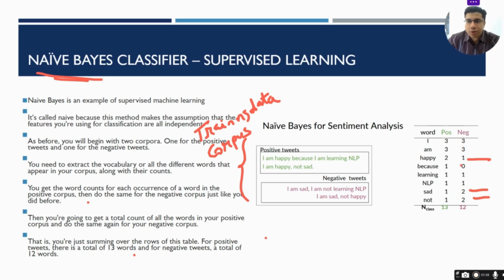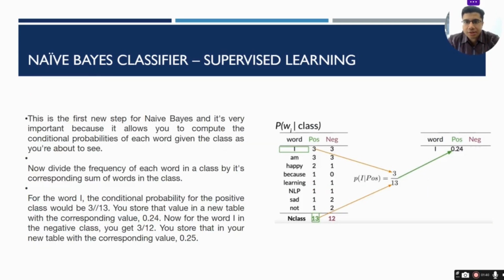So once we have counted this, then we can get the probability. The probability is simply the number of times the word occurs in positive divided by the total number of positive occurrences of all the words.